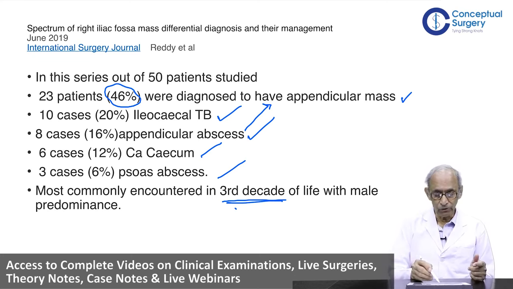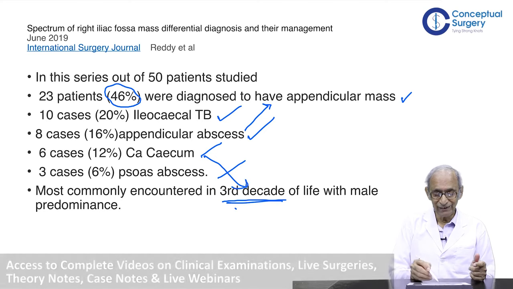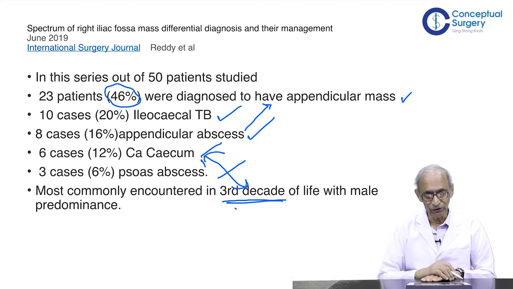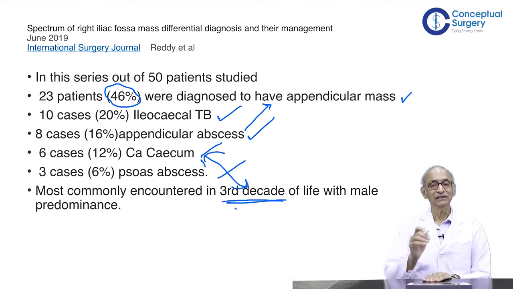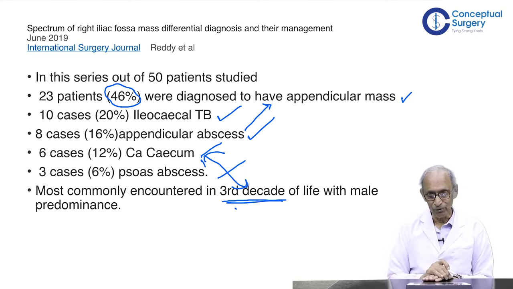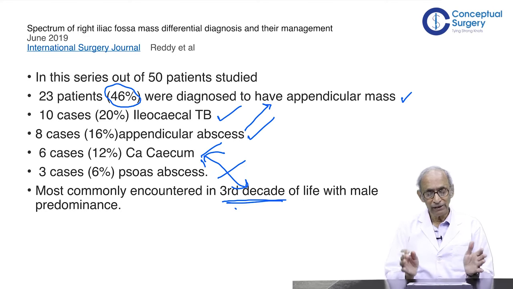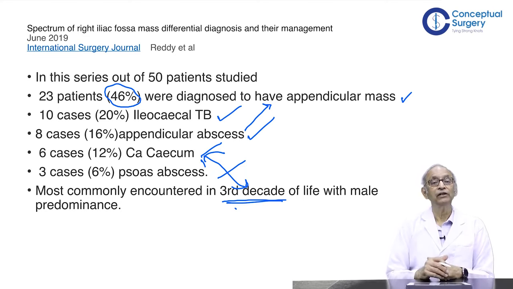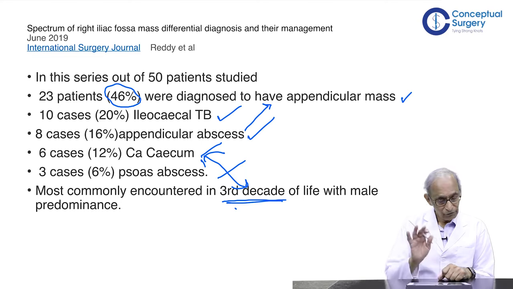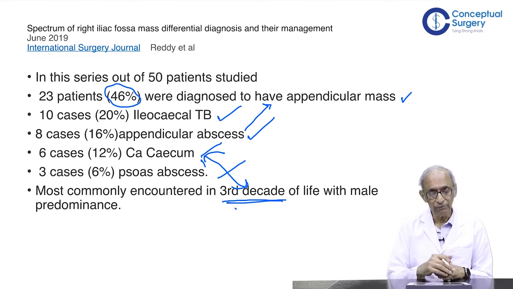It might surprise you, carcinoma of the cecum. I think there is a slight issue with the paper, but nevertheless, this is what they found and they have put it up. So when you look at the list, there are not that many conditions that you really have to keep in mind. The other conditions come in if they don't belong to this group. I have seen some other papers as well of a similar analysis. Roughly they fit into this pattern.